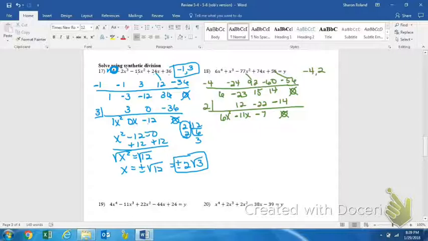I think I'll factor. 6 times 7 is 42. The factors of 42 are 1 and 42, 2 and 21, 3 and 14, 4 doesn't go, 5 doesn't go, 6 goes 7 times, and then these are all your factors.